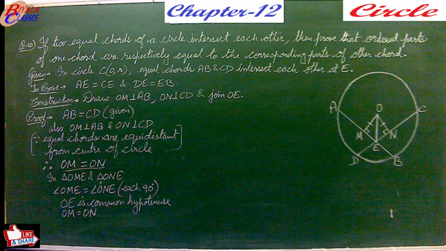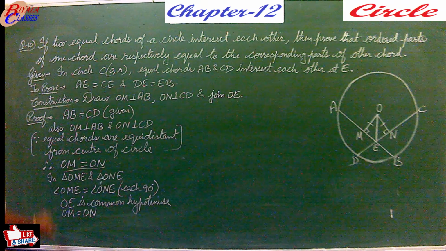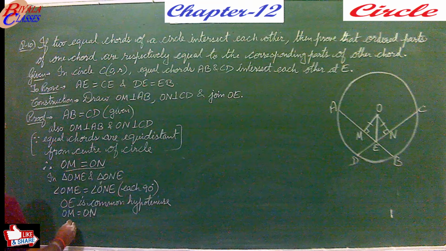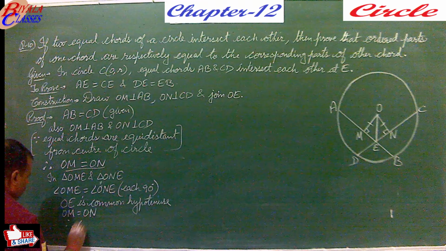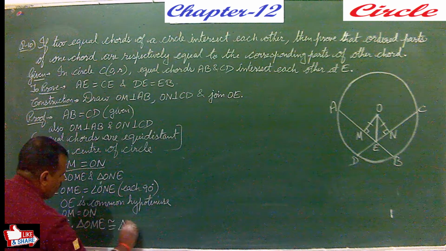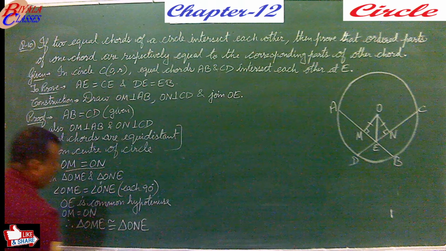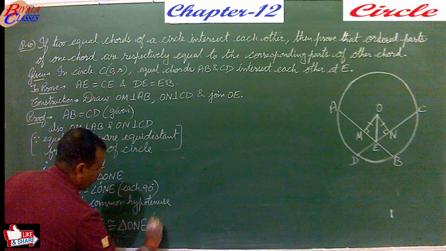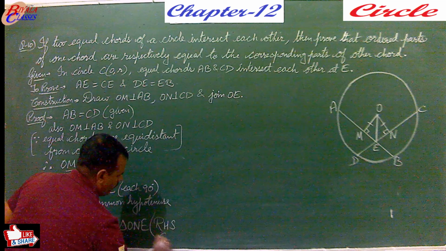We have proved it. Now with these three conditions we can say that the two triangles are congruent. Therefore triangle OME is congruent to triangle ONE. This is by the RHS congruence rule.